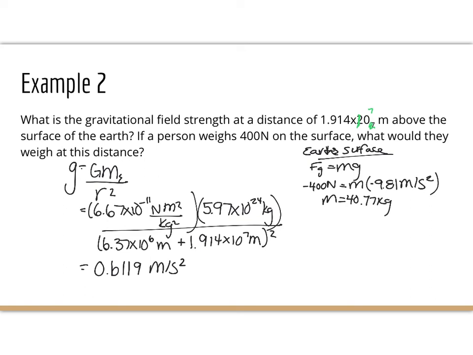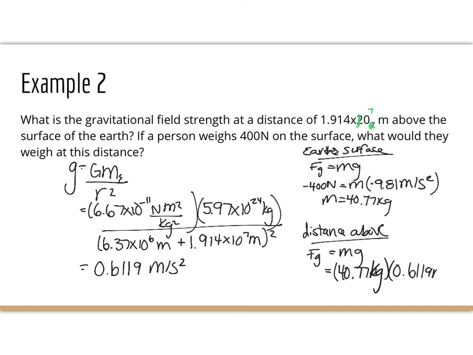From there, at a distance above, we can take our new value for gravity and calculate the gravitational force, or weight. So 40.77 kilograms times 0.6119 meters per second squared. We could technically say that's negative because we are accelerating towards the Earth, just not nearly as strongly. And we get 25 newtons towards Earth.